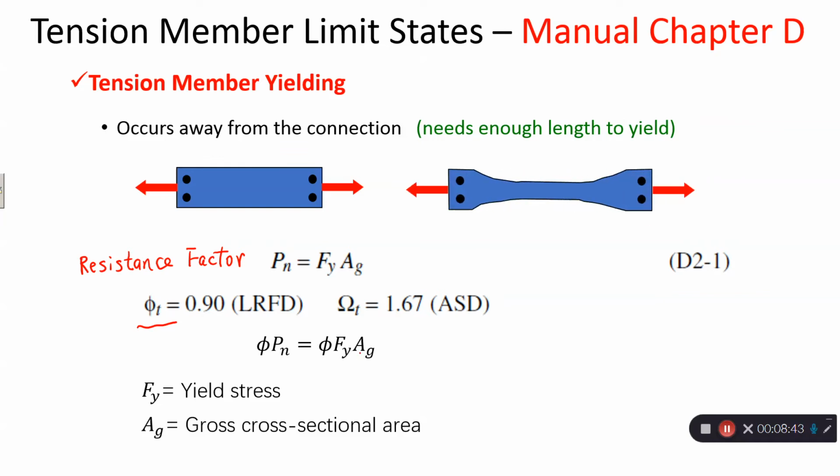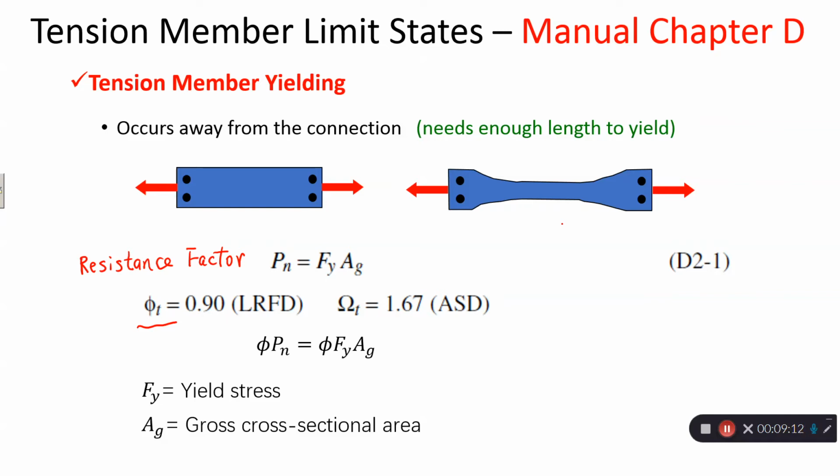And why do I say that? Because yielding takes place due to excessive elongation, like shown in the sketch here, right? So that actually gives you a warning of failure. If a member is going to fail due to yielding, it will show a sign of elongation beforehand.